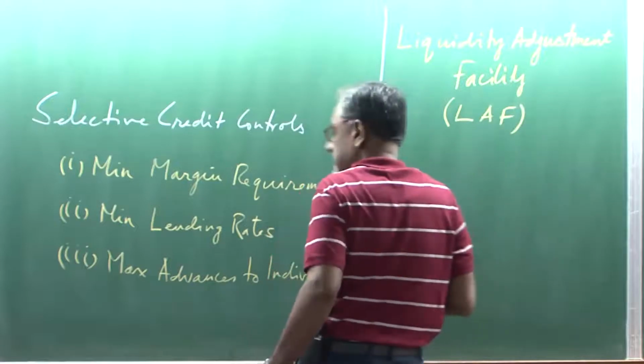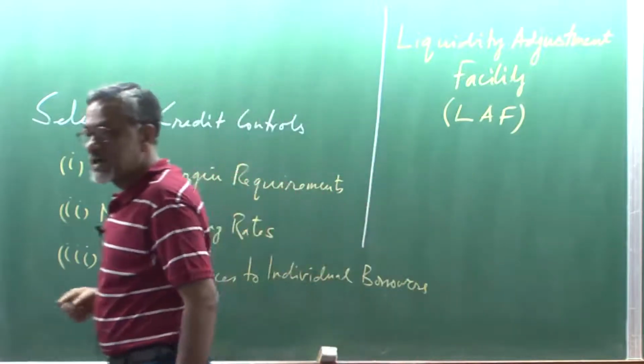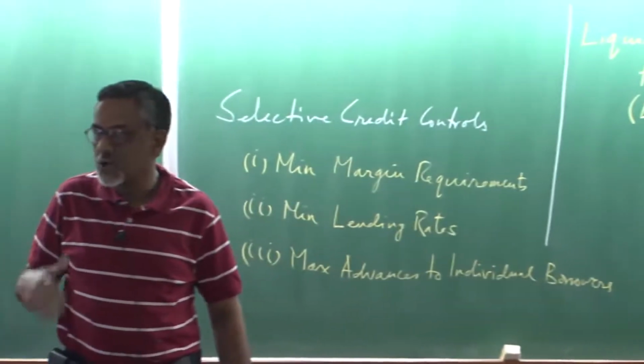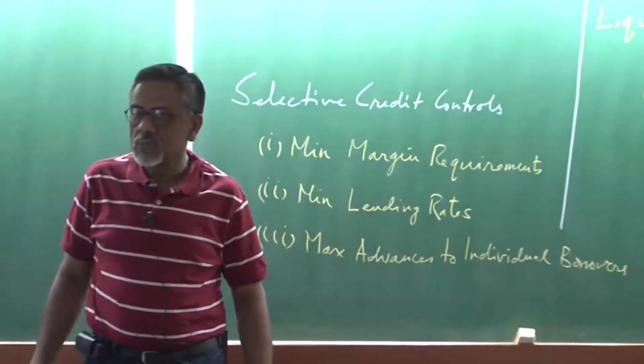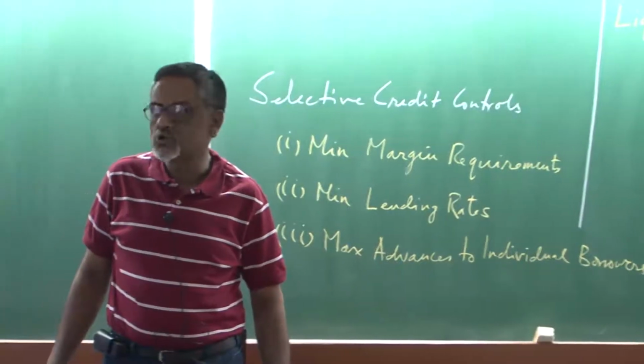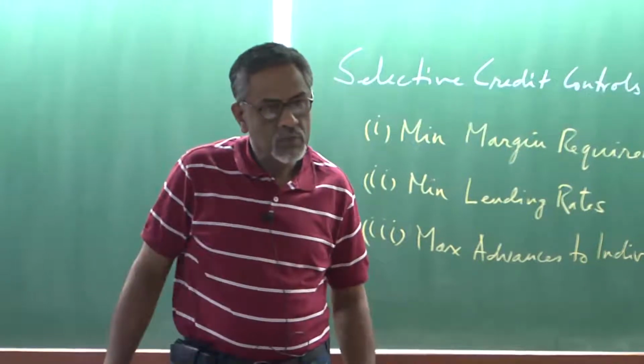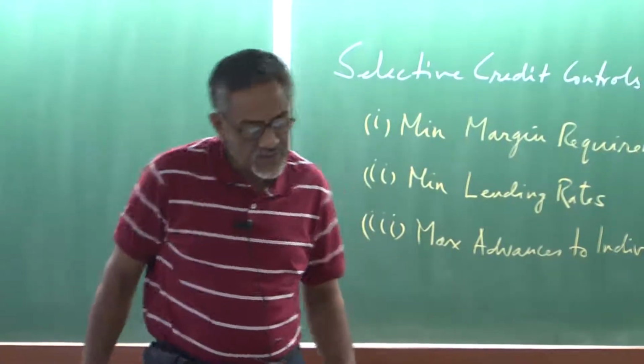When I supply data on the repo market, it is the RBI's LAF data. Under this LAF umbrella, they operate the repo market, and this has come to be known as the most important short term money market and interest rate also.